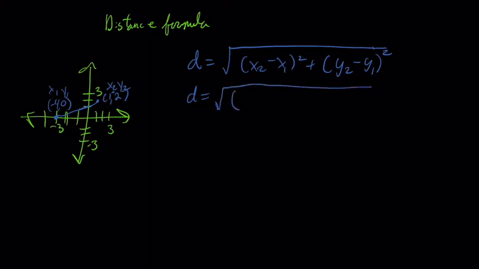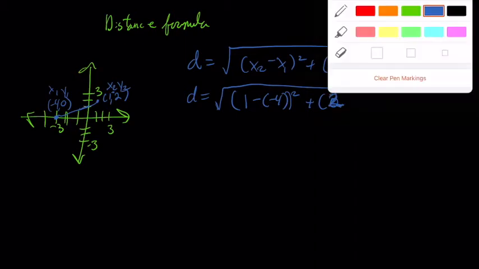So I'm going to take the square root of 1 minus negative 4, I'm substituting in my x2 and my x1, squared, plus y2, which is 2, minus y1, which is 0, squared. Make sure you're consistent.